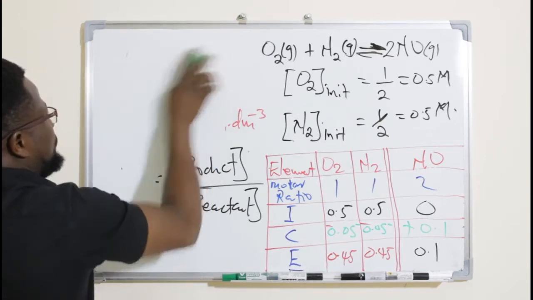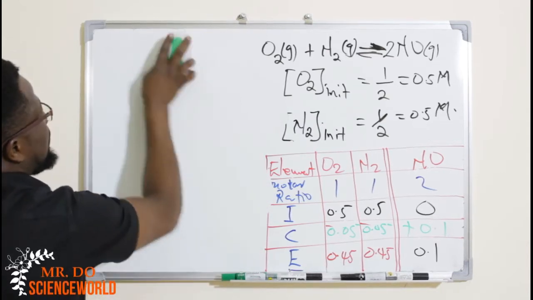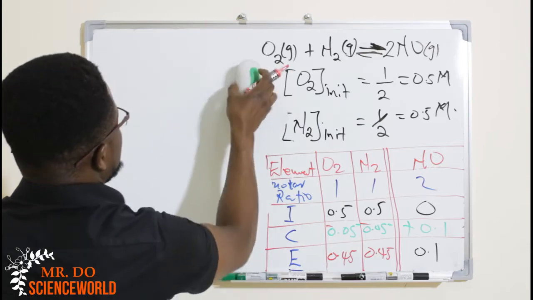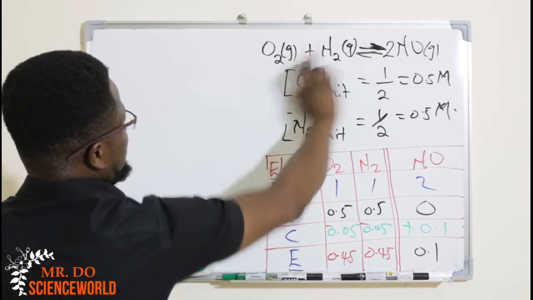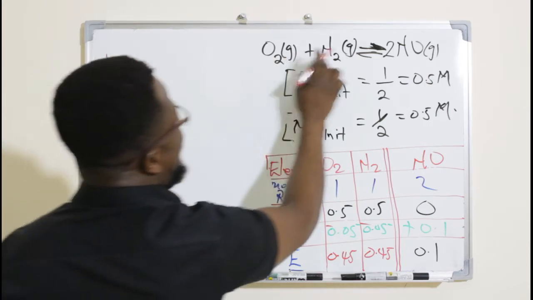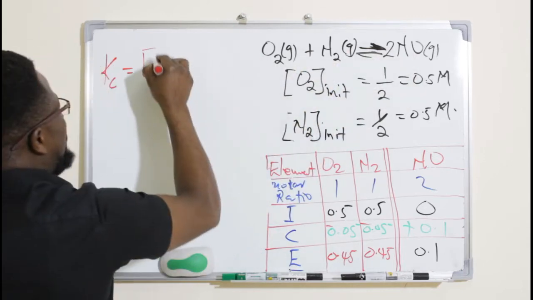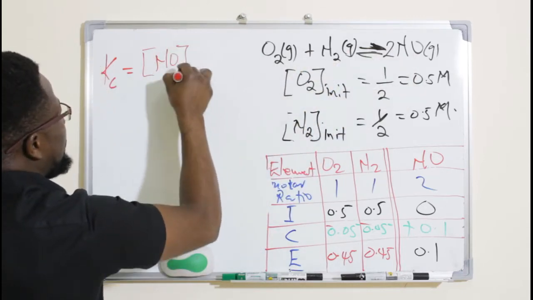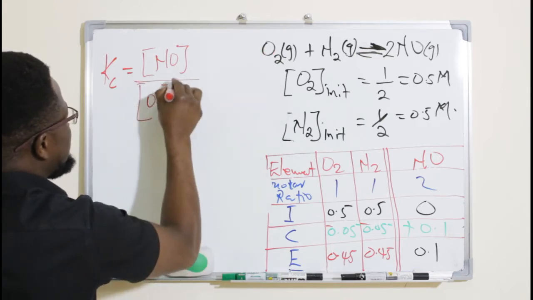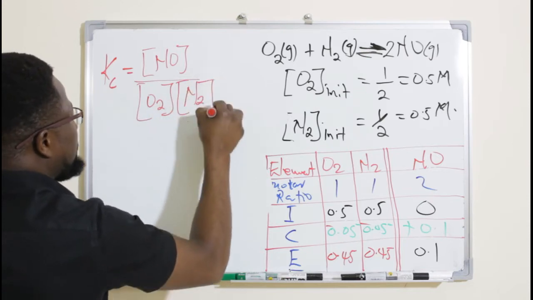So I'll come back and then do the calculation of the Kc. What I need is to find my Kc. According to the equation I am given, my Kc is equal to, they are all gases, so it is equal to the concentration of NO squared, divided by the concentration of O2 multiplied by the concentration of N2.